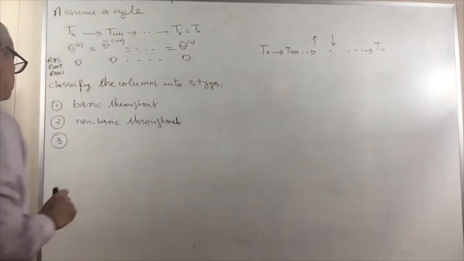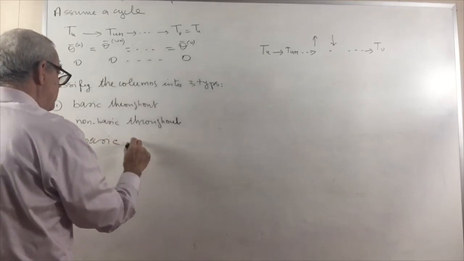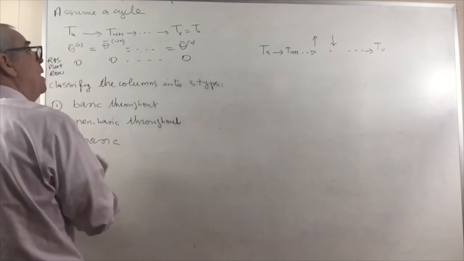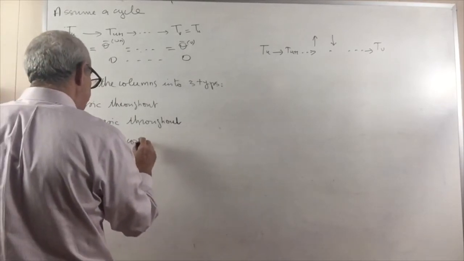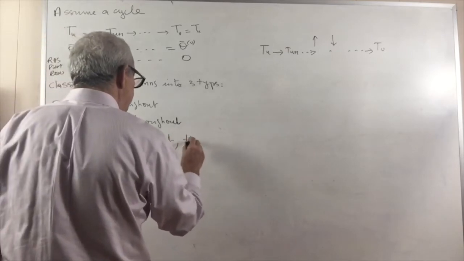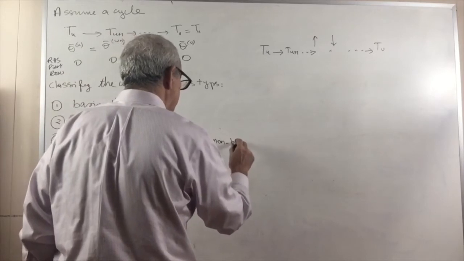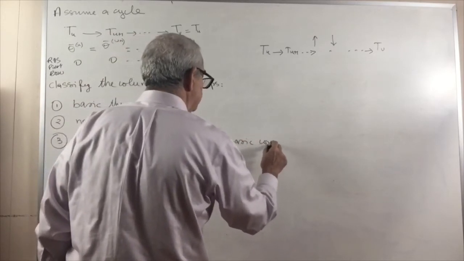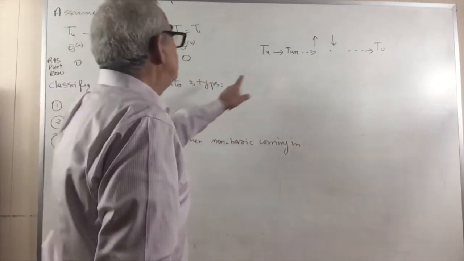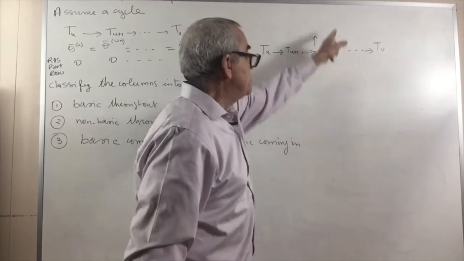So this is basic, and I label it this way: basic coming out, and then non-basic coming in. So my variable was basic right here, and then it came out, and after a few iterations it has to come back in.